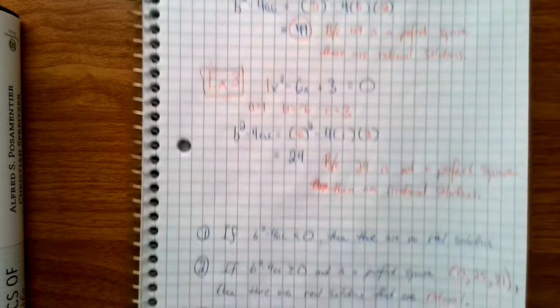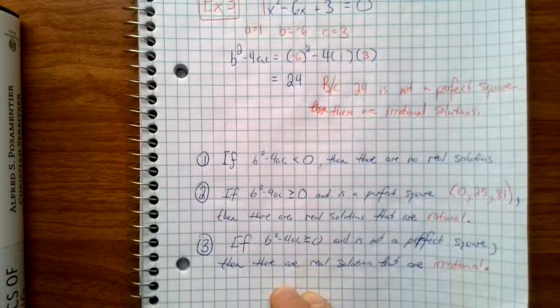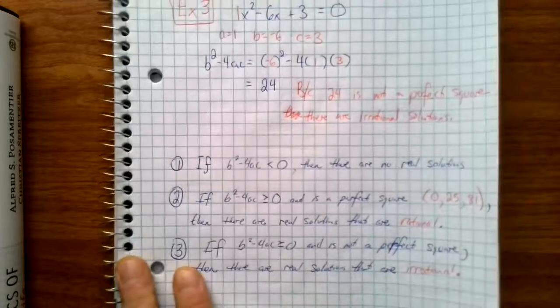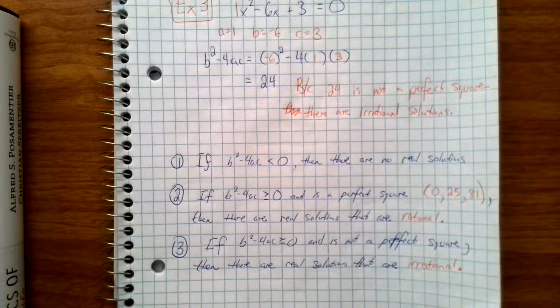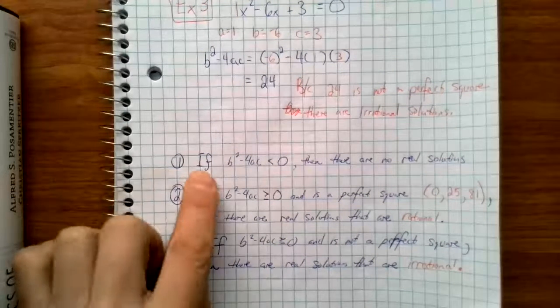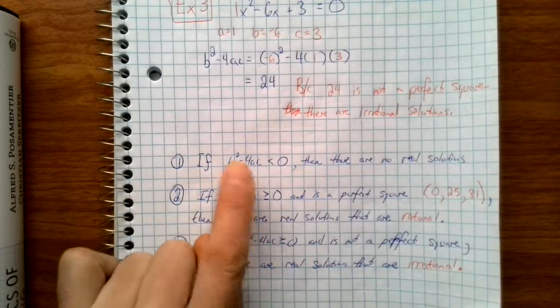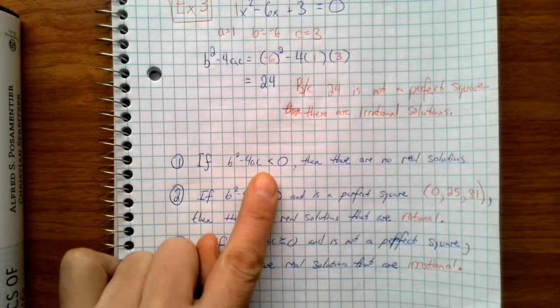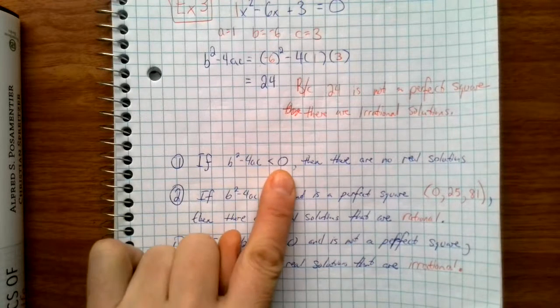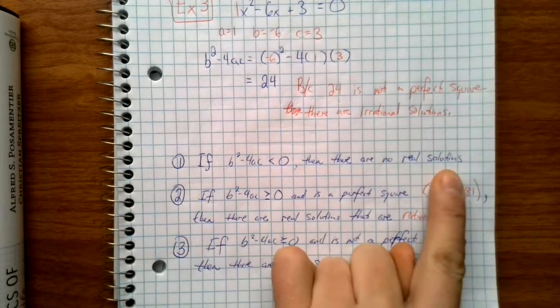So at the bottom of this piece of paper, I wrote down a summary of the 3 possible scenarios. The first scenario is if b squared minus 4ac, which is called the discriminant, is less than 0, then there are no real solutions.